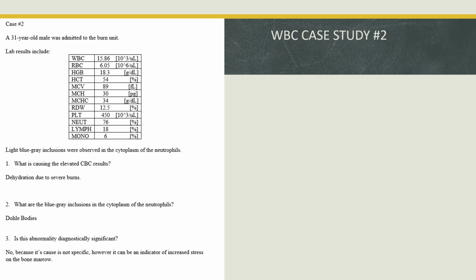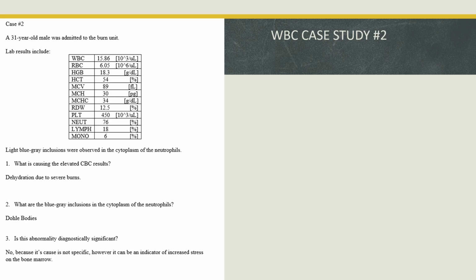Now, what about the blue-gray inclusions in the cytoplasm of the neutrophil? We see these all the time in burn victims, and those would be indicative of Dohle bodies. Now, we can see Dohle bodies in infectious responses, trauma responses.